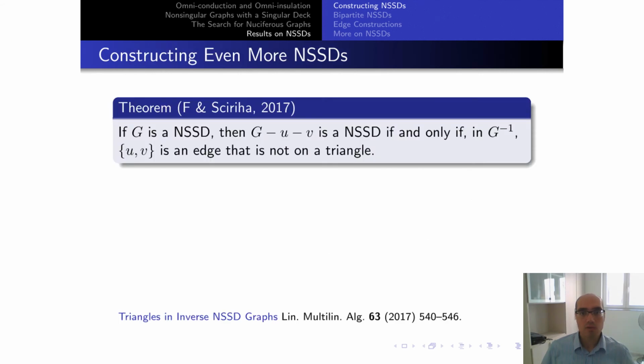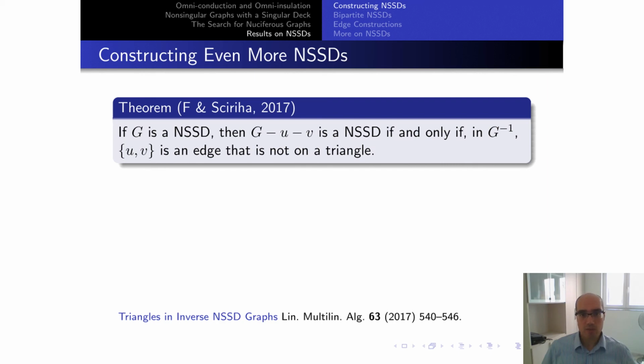So far, we have constructed NSSDs by adding vertices. What about trying to find NSSDs from within the NSSD itself? Some subgraph of an NSSD. Can it be an NSSD as well? Earlier we said that G minus U minus V is non-singular if UV is an edge in the inverse.